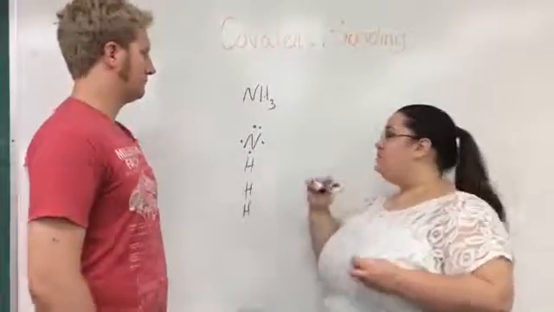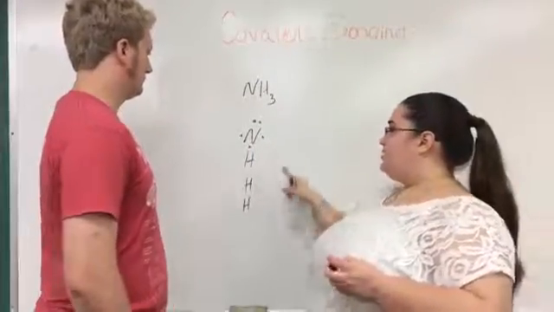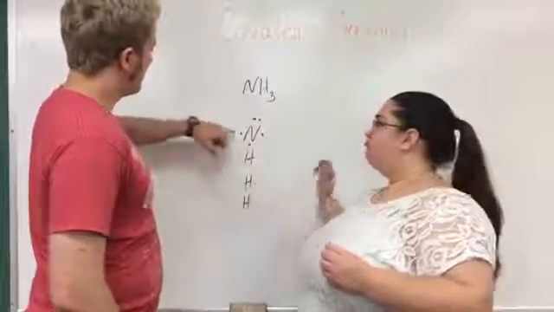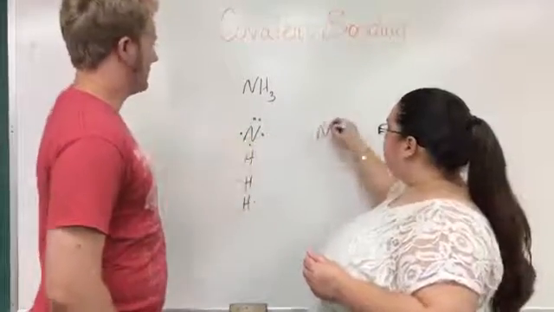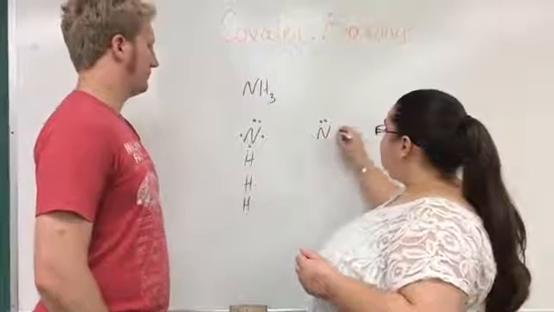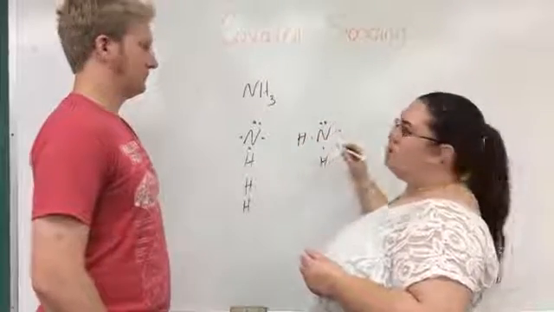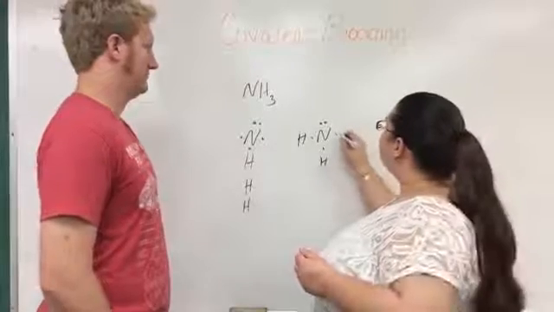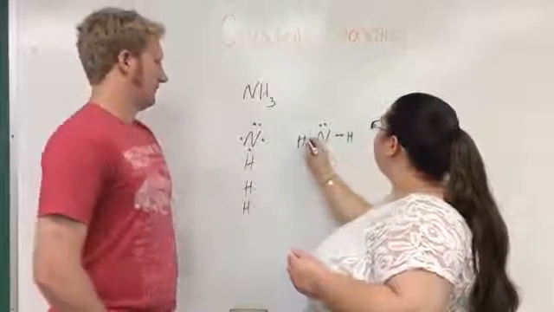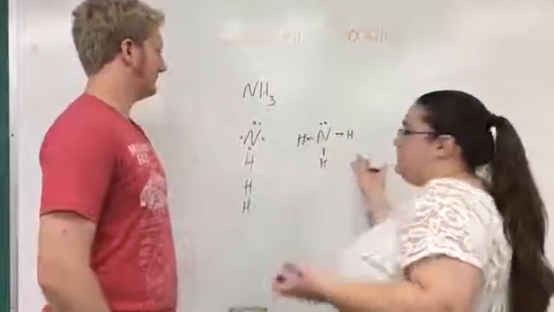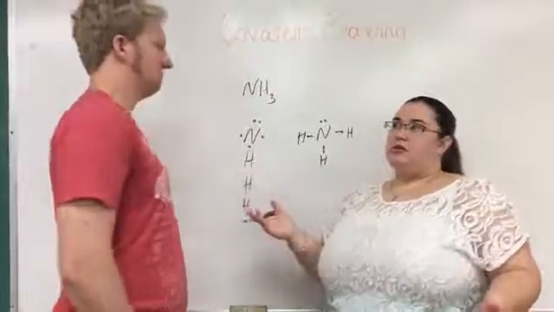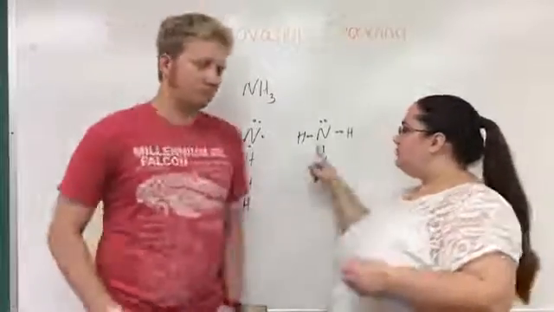Can we already kind of see where those H's are going to go? I'm guessing they're probably going to go with these lonely ones. They don't want to be lonely anymore. And that's what NH3 is going to look like. That's pretty easy. Pretty straightforward.